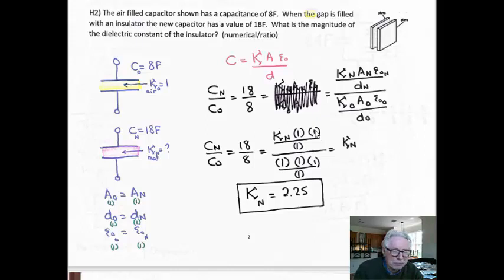Epsilon naught, 1 over 1, because it doesn't change. And my separation, 1 over 1, because it doesn't change. So that just equals the new dielectric constant. So 18 over 8 is the new dielectric constant, and if you work that out, it comes to 2.25. No units, it's just a figure of merit.